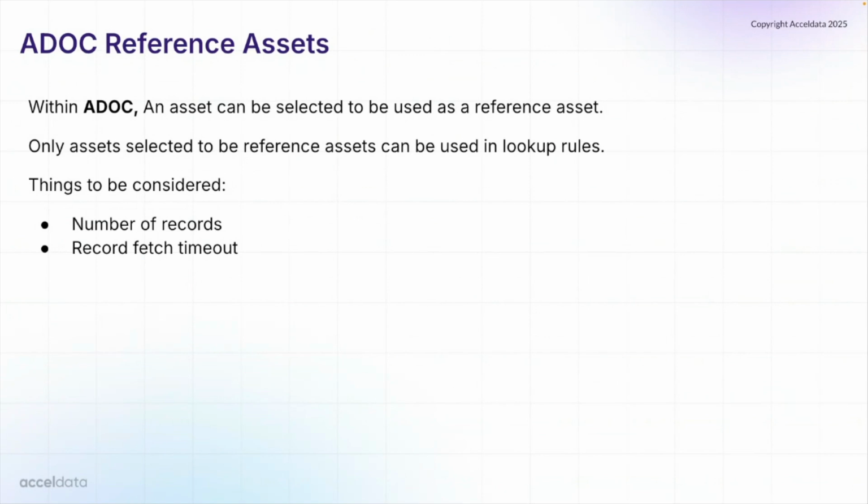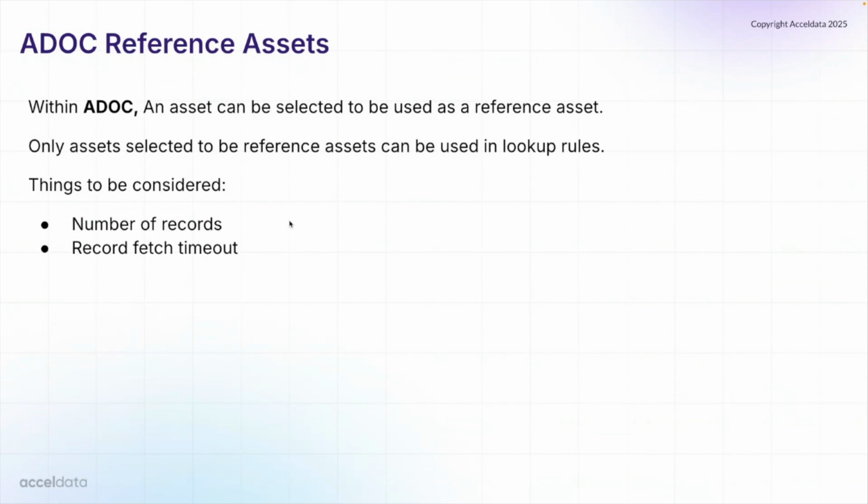An example would be a lookup table which stores the data of a country table, postal codes or city names, or maybe even product names and department names. So the golden record that you create in your organization could be used as a reference asset here.